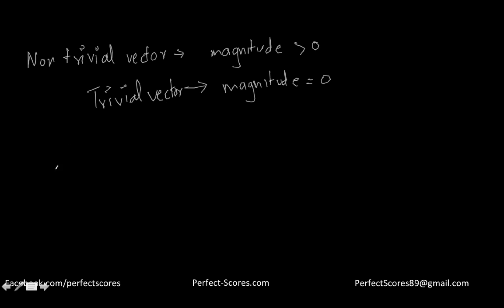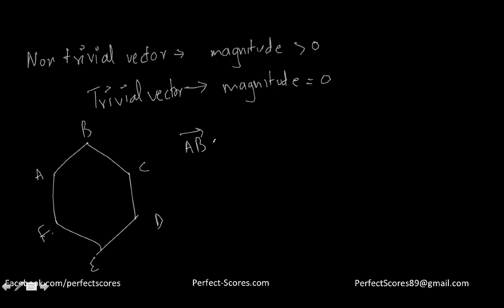Let's say we draw a hexagon, for example. We have these points A, B, C, D, E, F. As you can see, the vector AB is equal to the vector ED, because they have the same direction and the same magnitude, the length is the same as well as the direction.